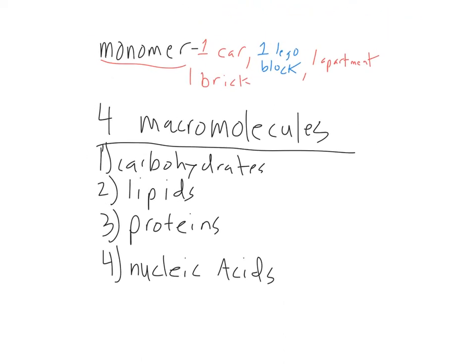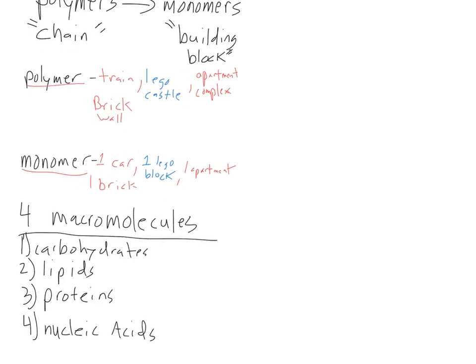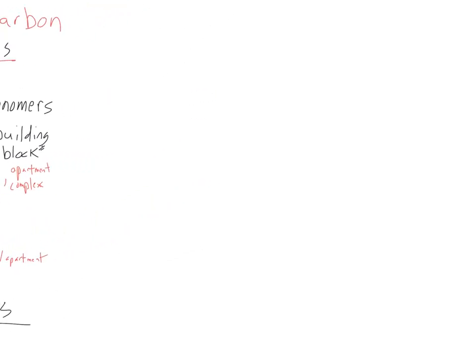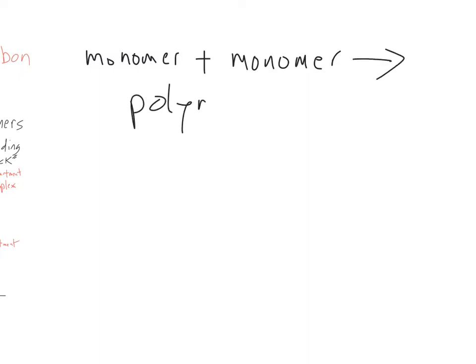Now, I'm going to zoom out a little bit. Let's back up to polymers versus monomers. So how does a polymer form? Okay, so monomer plus monomer is going to yield a polymer plus, okay? So it's going to be a polymer plus a water molecule.